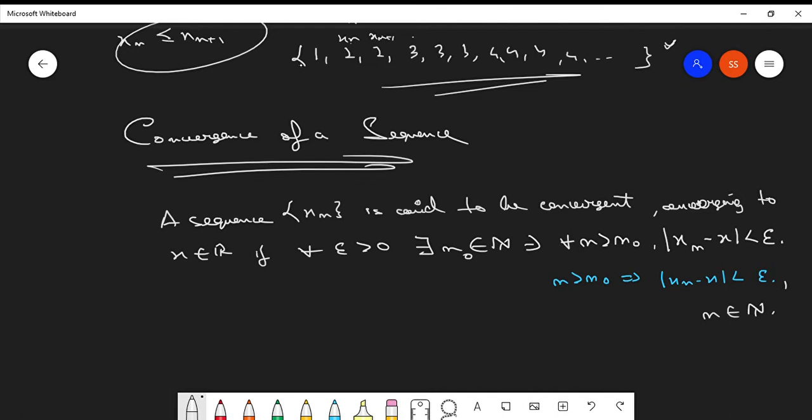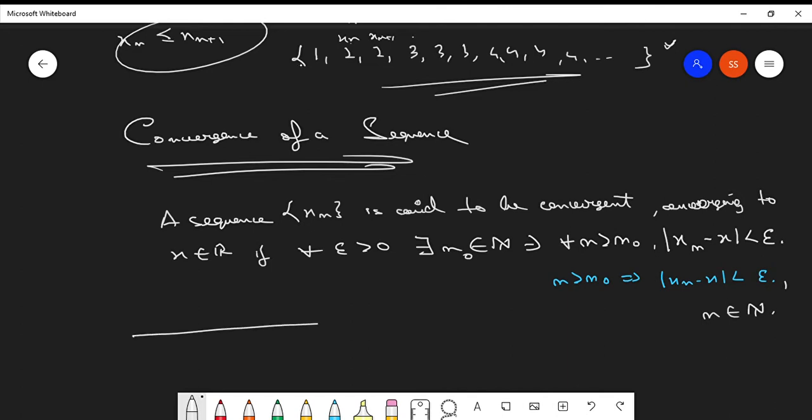So for all positive real numbers, not integers, if there exists some natural number n naught such that whenever our sequence crosses that natural number n naught, the element of the sequence xn gets trapped in the neighborhood of this value x, right?